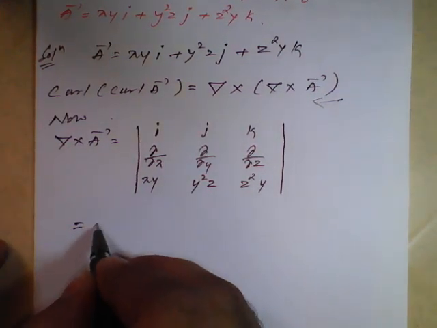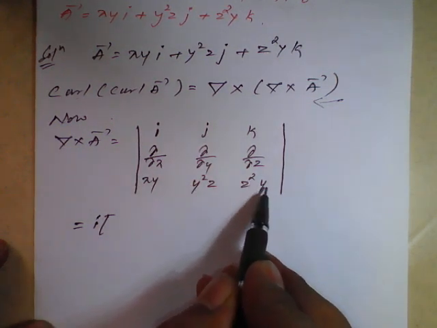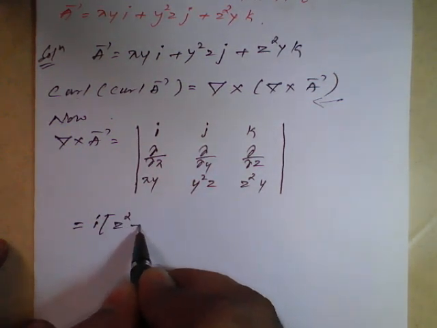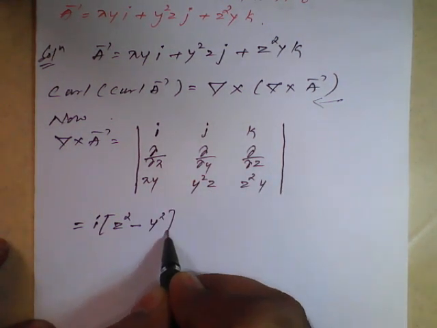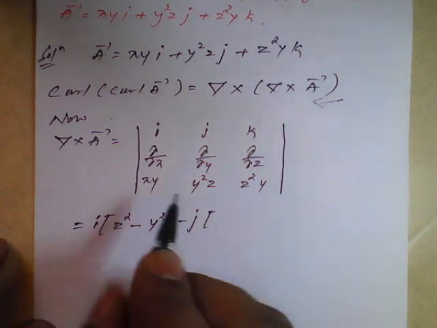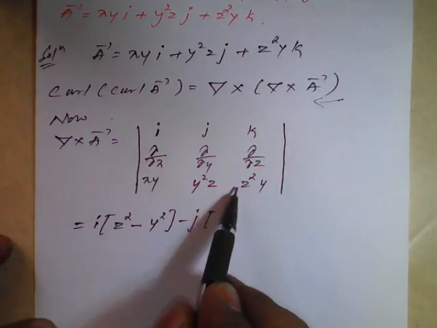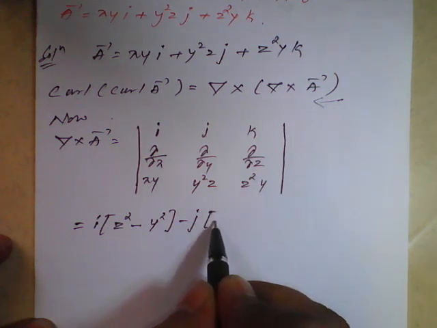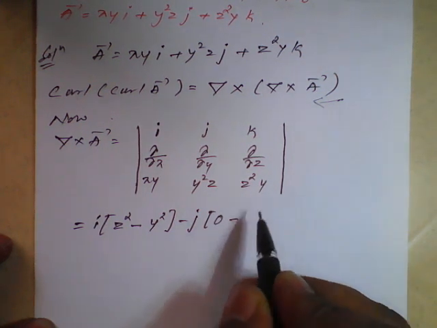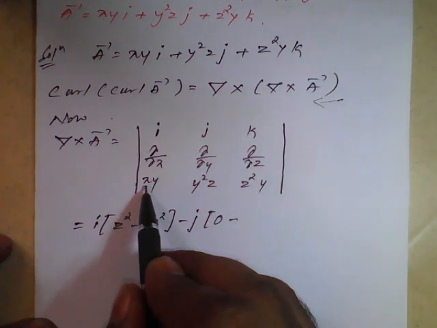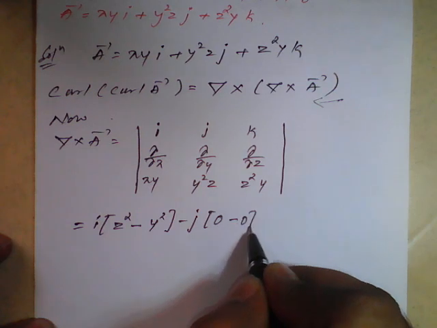Therefore it is i times dou by dou y of z squared y, which becomes z squared, minus dou by dou z of y squared z, which is y squared. Minus j times, first row and middle column hidden: dou by dou x of z squared y is 0 because there is no x term, it is purely constant; minus dou by dou z of xy, again a constant, is 0.